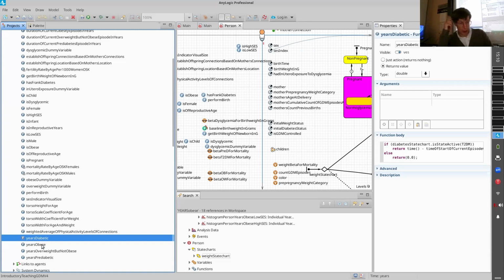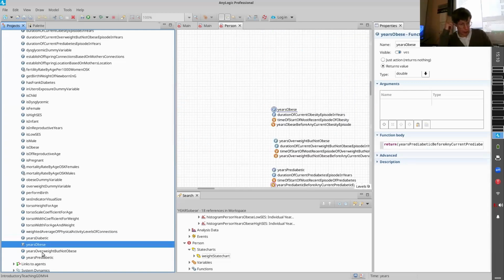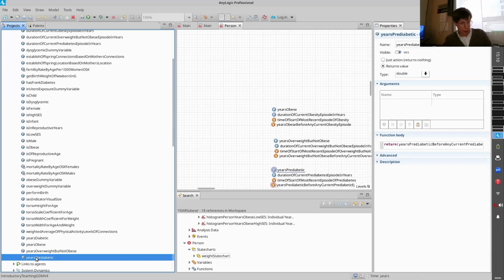The number of years they've spent in a diabetic state, for example. The number of years they spent obese, their cumulative obesity exposure, as it were, or the years they spent in an overweight but not obese state, or the years they spent in a pre-diabetic state. These are aspects of their history.